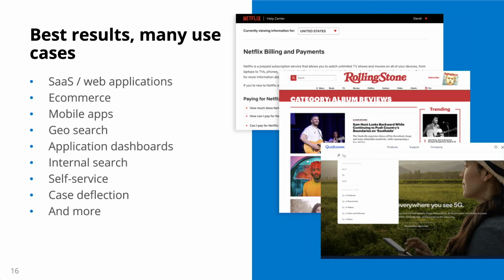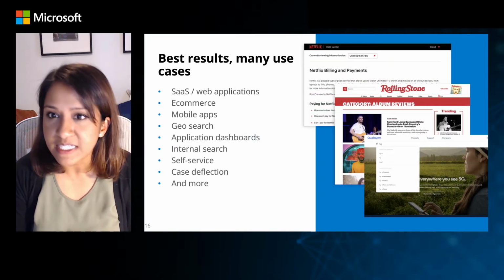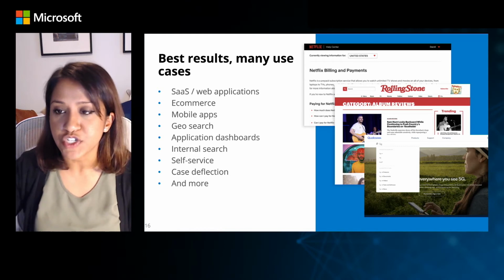So if someone is coming to a website and has a question about a product or service, and they want to be able to find answers quickly so that there's increased customer satisfaction and so that they're not opening a ticket or a case, all of that really requires you to have a solid search experience and relevant results. So these and all of the other points listed are places where you would use something like app search.